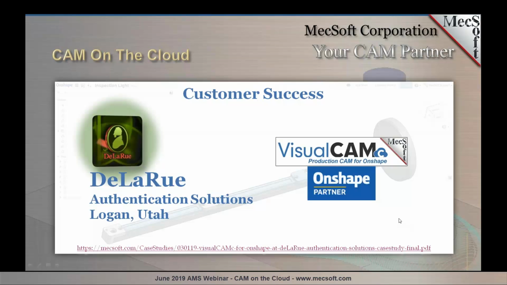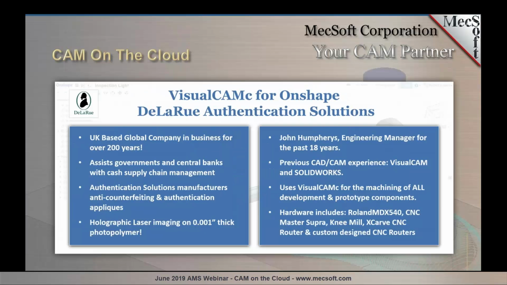De La Rue, if you look at this emblem here on the top right, that is what De La Rue Authentication Solution does. Now, De La Rue is a large global company that interacts with a lot of banks and security mechanisms of that nature.